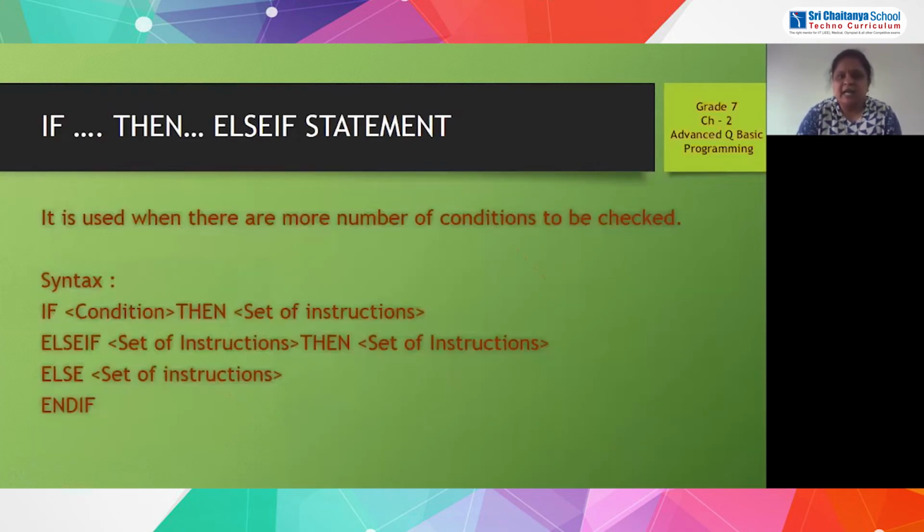If then else if statement. What is this again? If then else we learned. Again if, what is this? This is because if you want to check a greater number of conditions, at that time we are going to use if then else if. In the previous program, what happened?